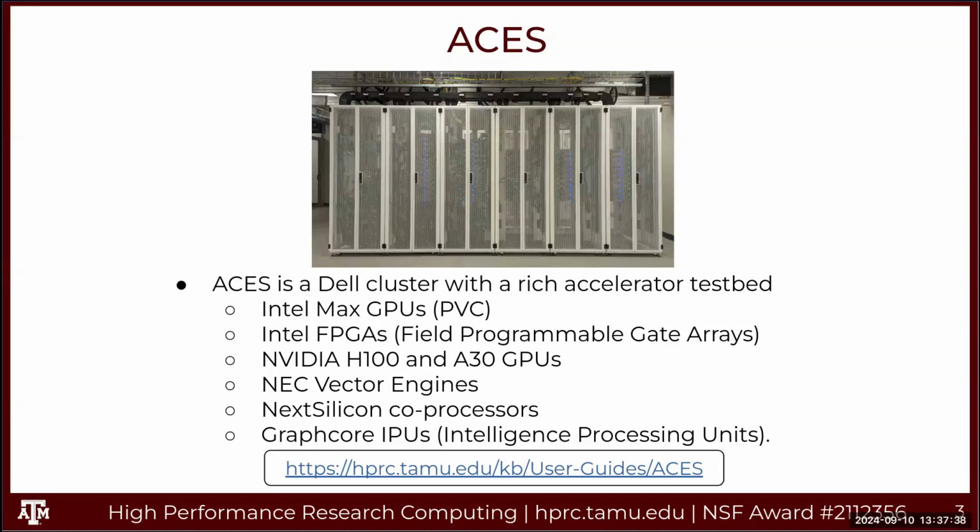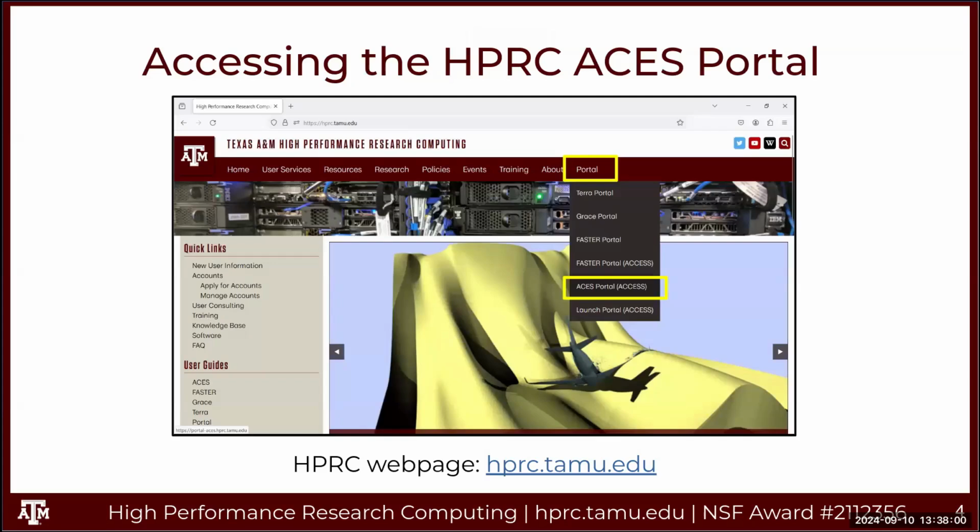And a lot of times the software you have may or may not support each of these accelerators. So you'll have to read the documentation and maybe compile the software a specific way so it can run on any of these accelerators.